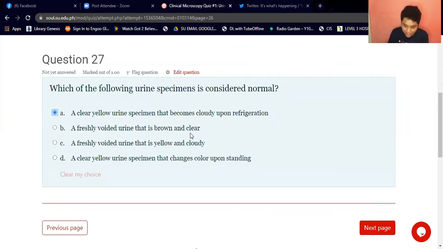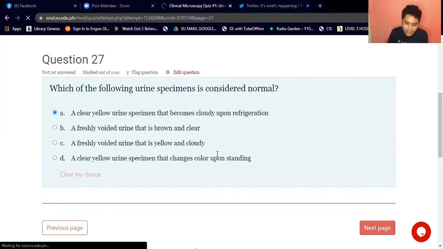Freshly voided urine that is brown could indicate bleeding. Yellow and cloudy could be increase in WBCs or bacteria. And clear yellow specimen that changes color upon standing could be melanuria or homogentisic acid. So the normal one is letter E.